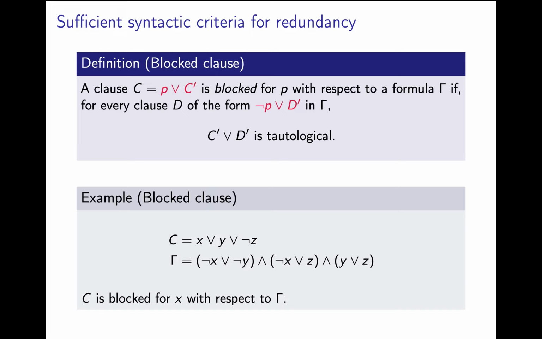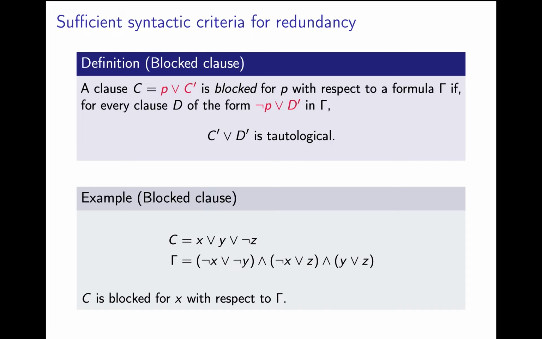It is easy to see that for this first clause, the condition is satisfied, because resolving it with C over X gives Y or not C or not Y, where Y and not Y are complementary. And a similar thing is true for the second clause, because this time we get Y or not C or Z, so C is indeed blocked for X. And we call a clause blocked if it contains a literal that it is blocked for.